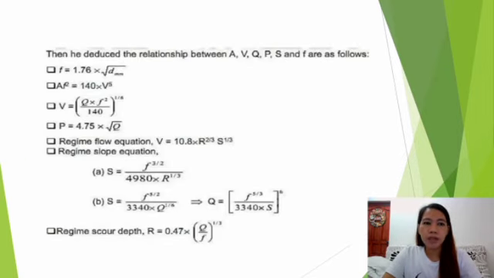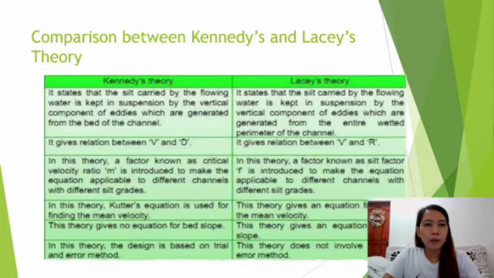So here are also the given equations that we can use under Lacey's theory. These are the comparison between Kennedy's and Lacey's theory. Under Kennedy's theory, the silt carried by the flowing water is kept in suspension by the vertical component of eddies which are generated from the bed of the channel.